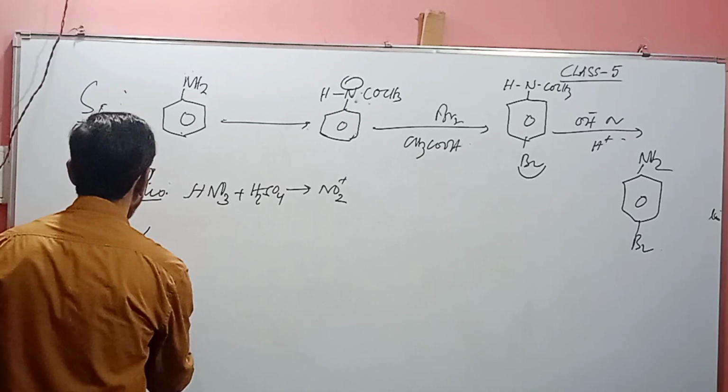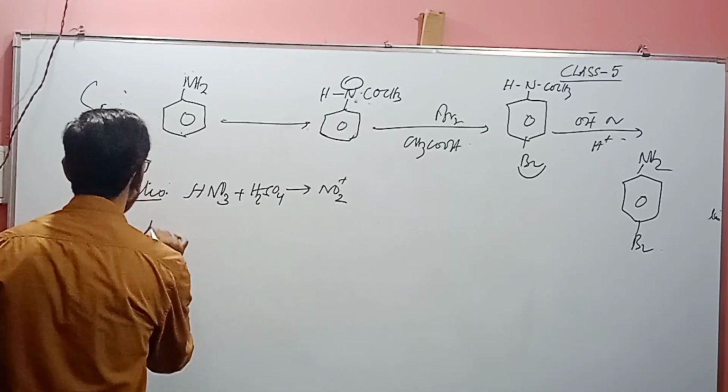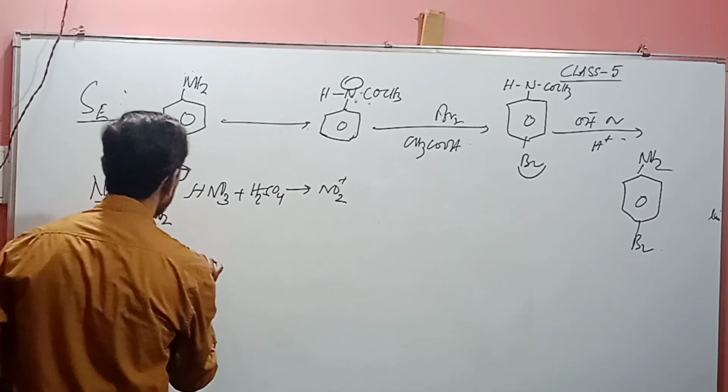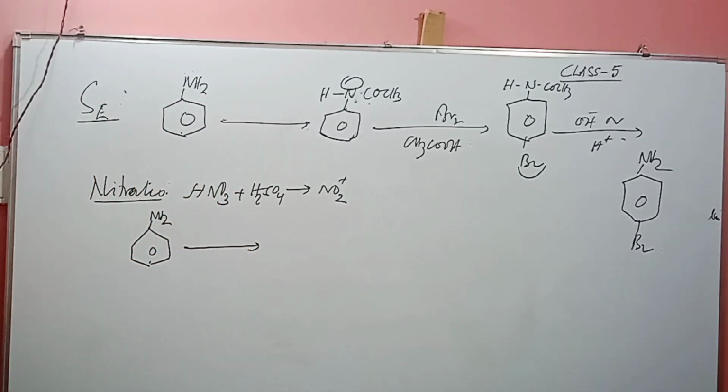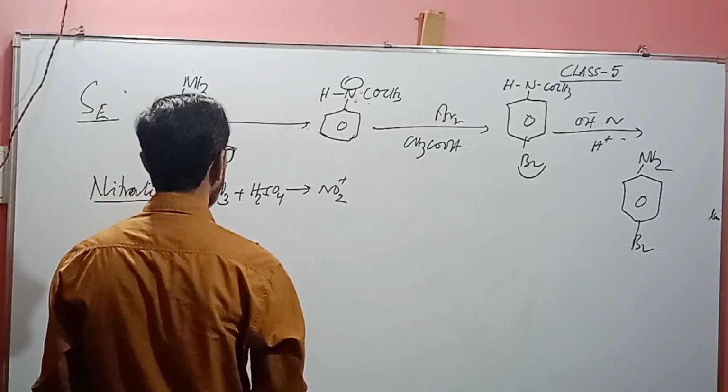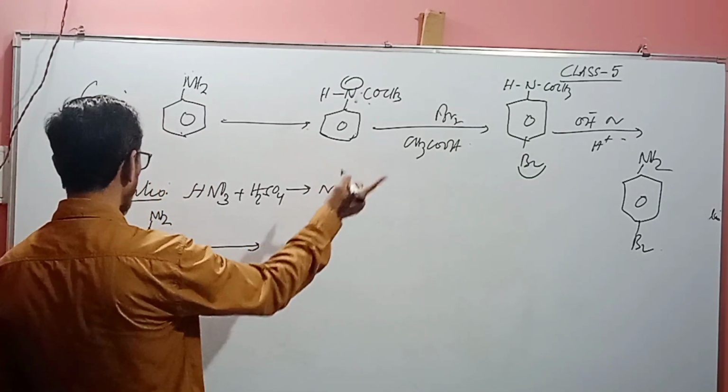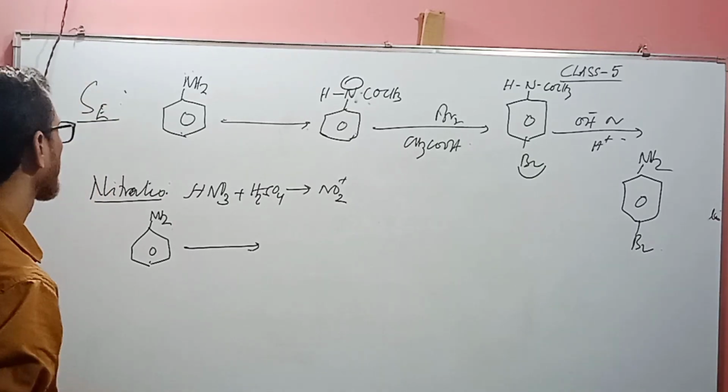So when amine is made to react with this, you will get nitro group in ortho, meta and para.